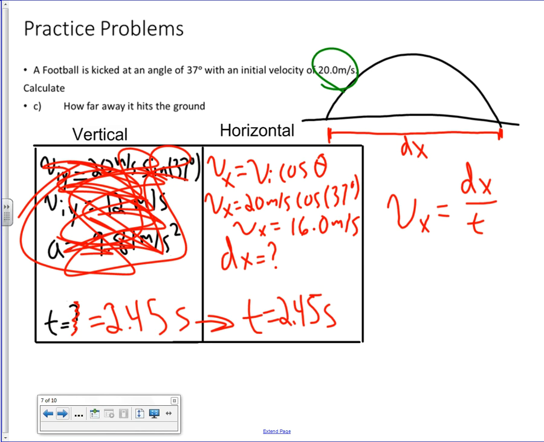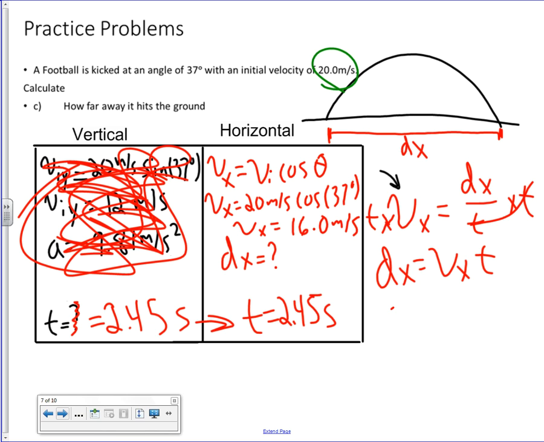Because in this case, our Vx here is constant, so we can use that equation. We're solving for dx, so we multiply through by the time. We get dx equals Vx times the time.